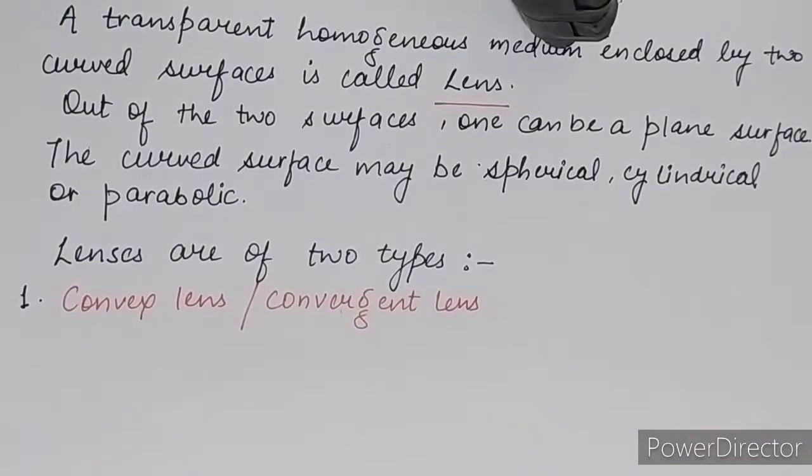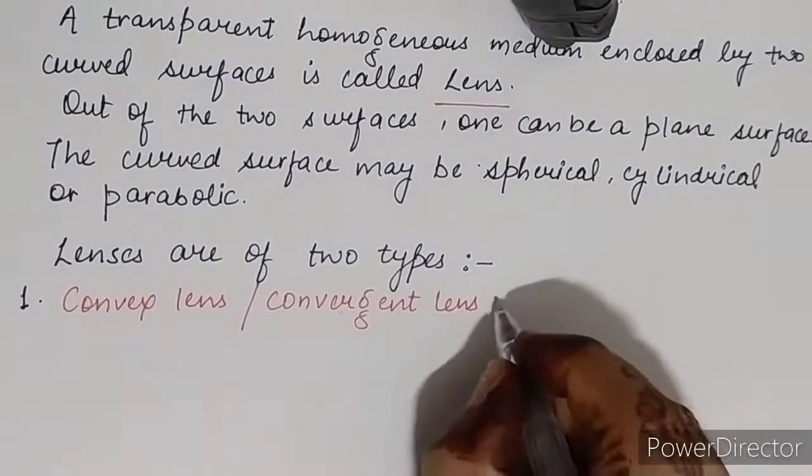So what is the convex lens? The convex lens is the lens which is thin at the outer rim and thick at the center.